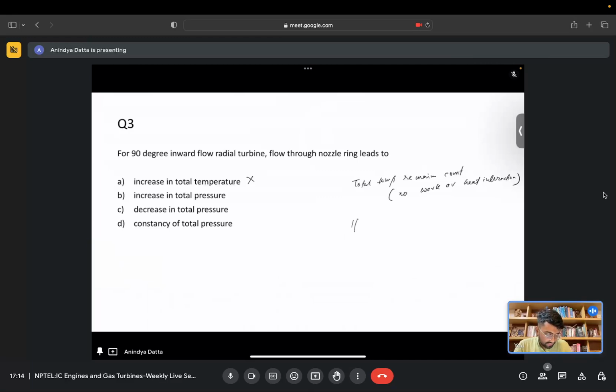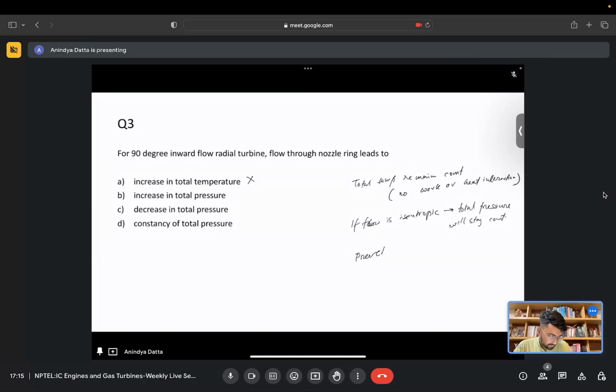But in practical cases the flow is not isentropic, there are flow irreversibilities involved, there will be an increase in entropy, and as a result the total pressure actually decreases.